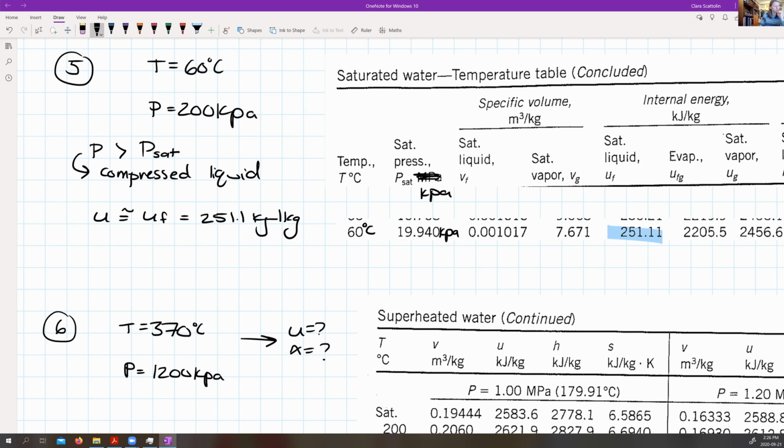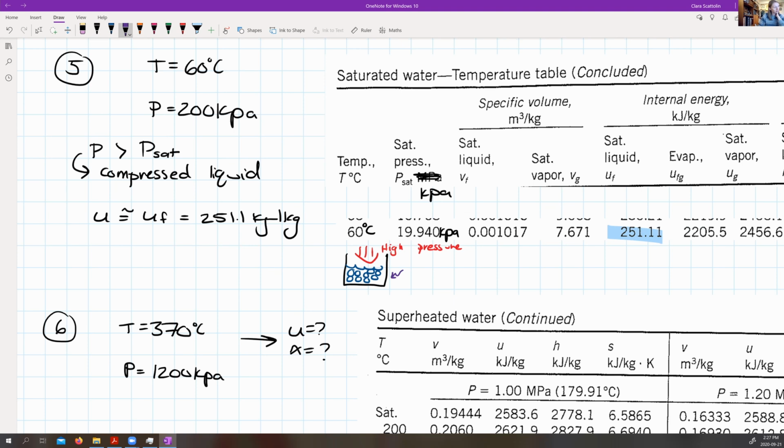My 200 kPa is much larger than 19.4, which means that my water here is under high pressure and then relatively low temperature.